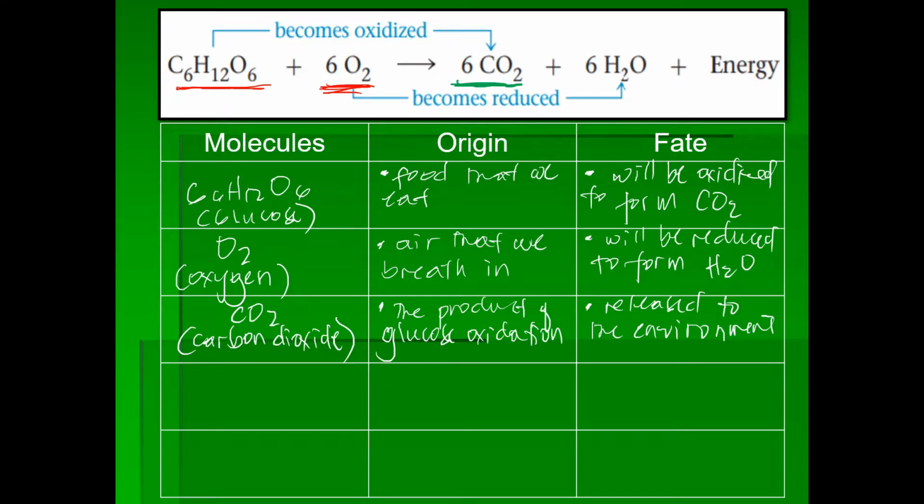Now, next, another product molecule here is water. So, we have here H2O or water. So, where did water come from? Water came from the product of oxygen gas reduction.